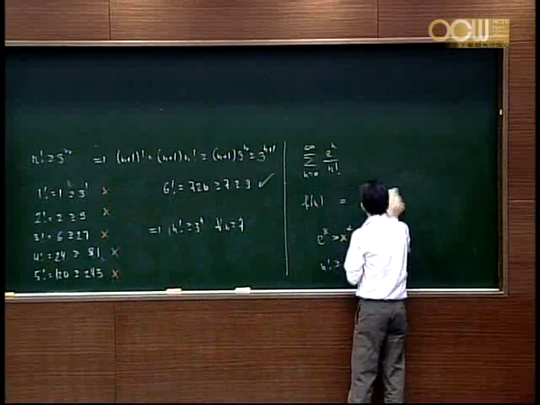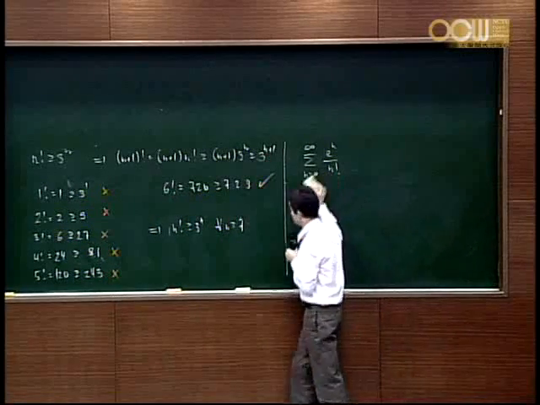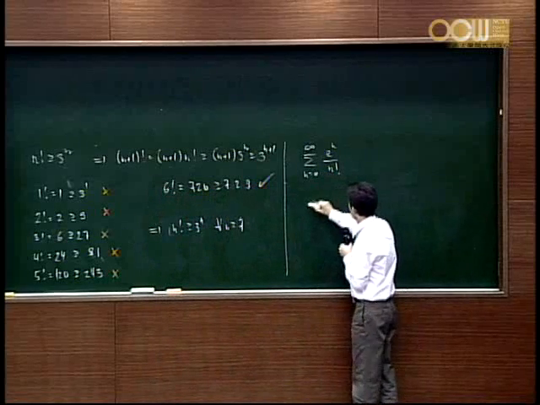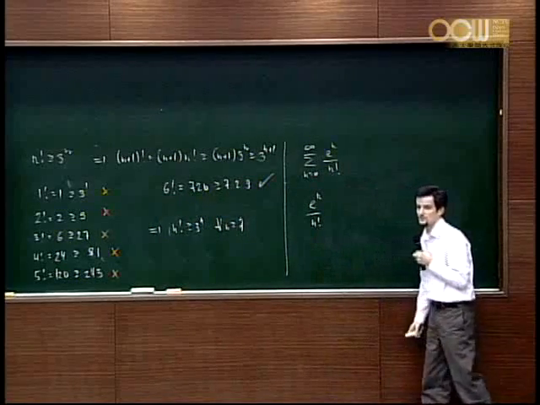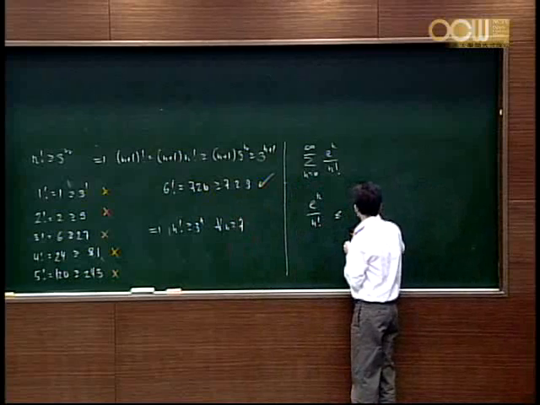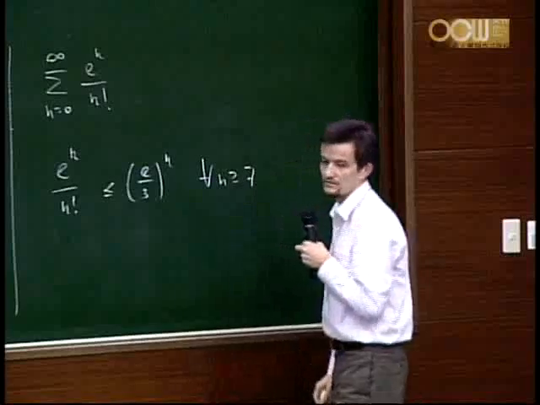Now, how to apply this in order to figure out that this series is convergent? So you see that if you look now at e to the n over n factorial, and you plug this in here, then this will be smaller or equal than e to the n over 3 to the n if n is larger or equal than 7.